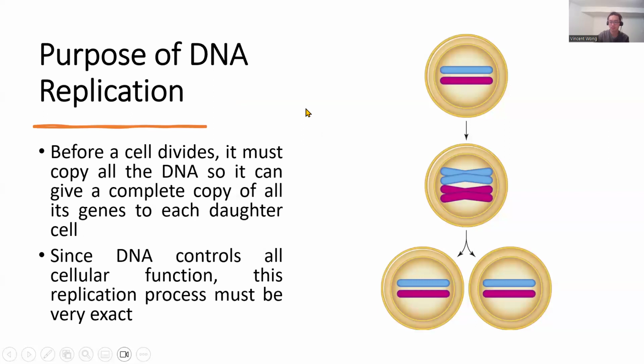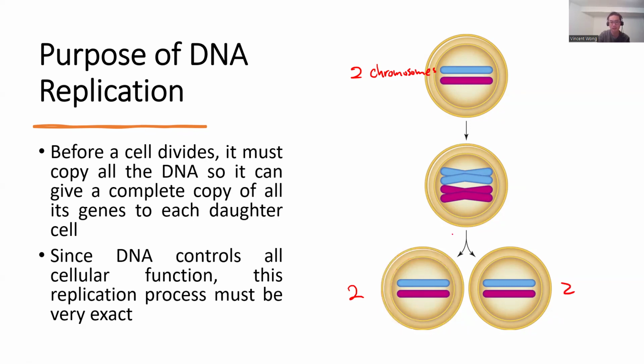But first, let's remind ourselves what is the purpose of DNA replication. Before a cell divides, it has to copy all of its genetic material, all of its DNA. So let's say we have 2 chromosomes here. We actually have 46, as you might recall, but for simplicity, there are 2 in this cell. So you copy all of them, okay? You get 2 of each. So when you separate, you get 2 and 2 again, right?